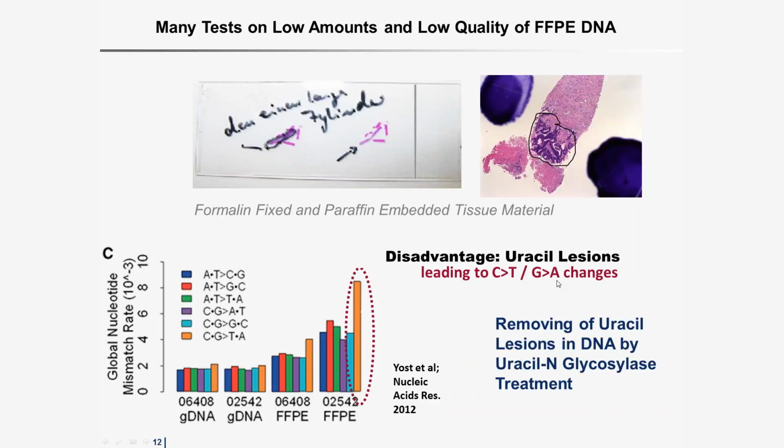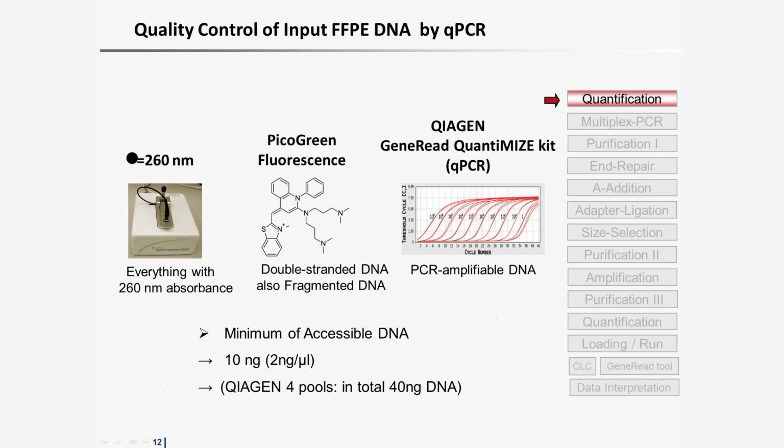These transitions are also the most common artifacts when PCR-based analysis is performed on formalin-fixed material. And these artifacts can be removed from sequencing results by treating the DNA with uracil glycosylase before application to PCR-based analysis.